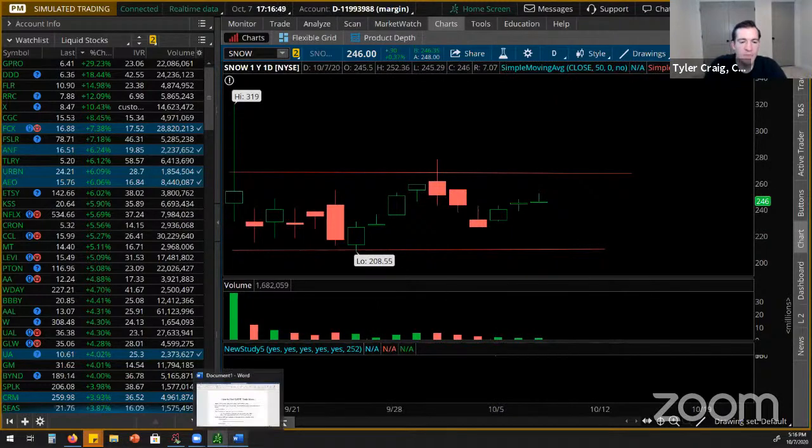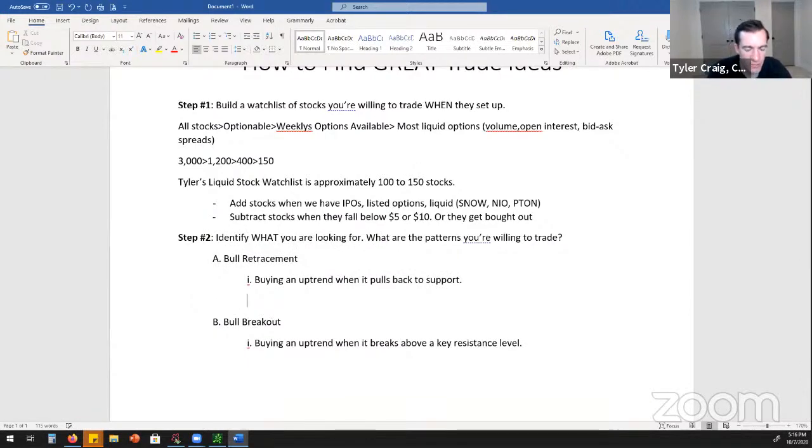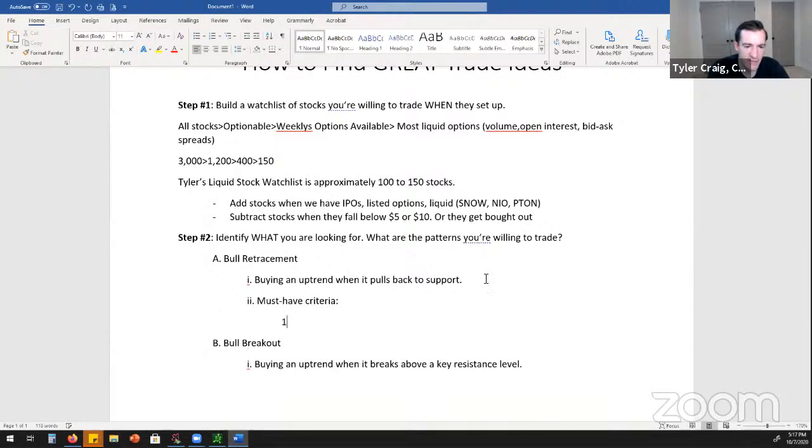Okay. And in regards to the patterns in real life being different than the textbook, sometimes that is true. What it really comes down to is knowing what the must-have criteria of the pattern are. So for a bull retracement, you have to have a higher pivot high.